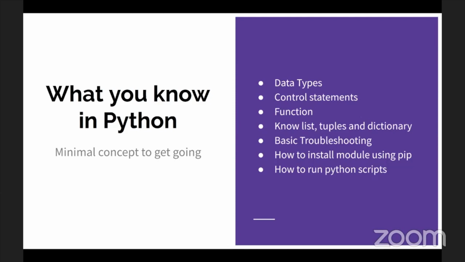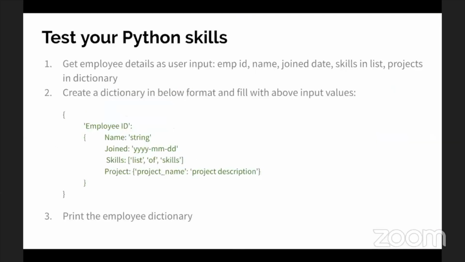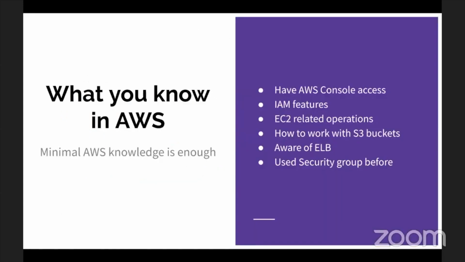If you don't have one, please go and create it, because without that you will not be able to go through all these demos. Once you have AWS console access, there are so many resources in AWS, but I will be talking more about IAM, EC2, S3, and security groups.